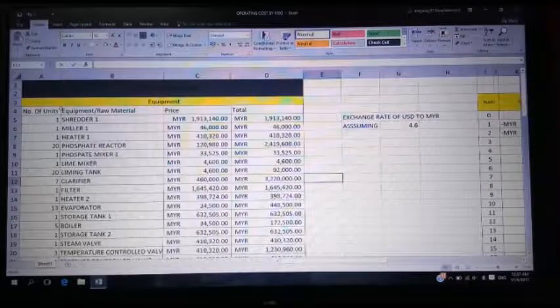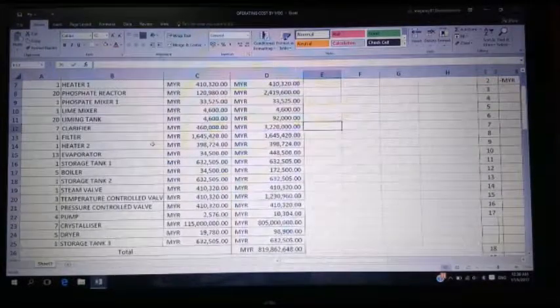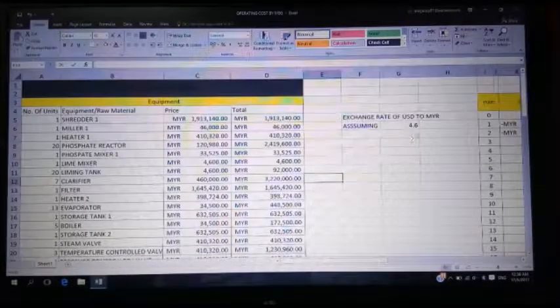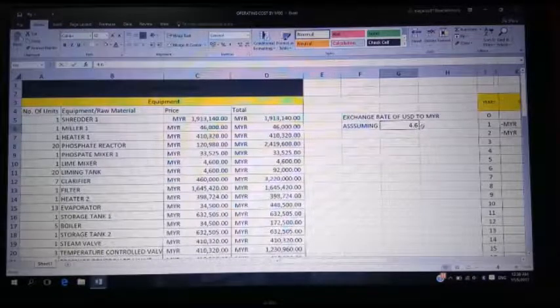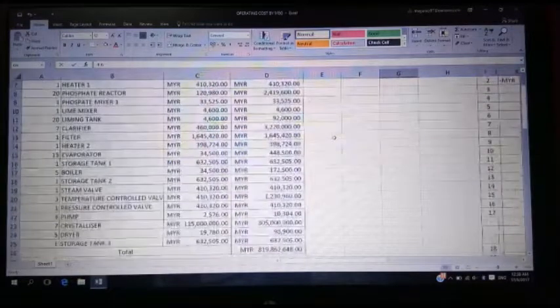The number of units are all calculated in accordance with the capacity of the equipment we found in our references. So we used the conversion rate of 4.6 USD to Malaysian ringgit for some of the units that are only available in USD.